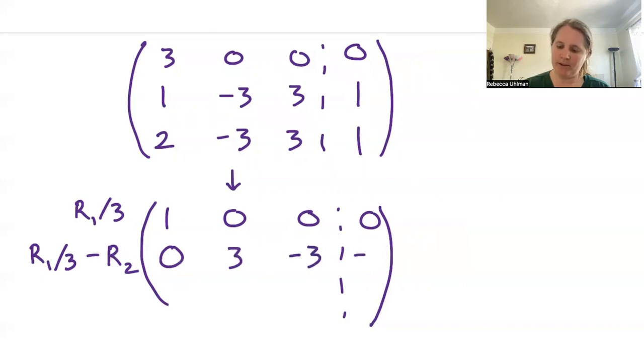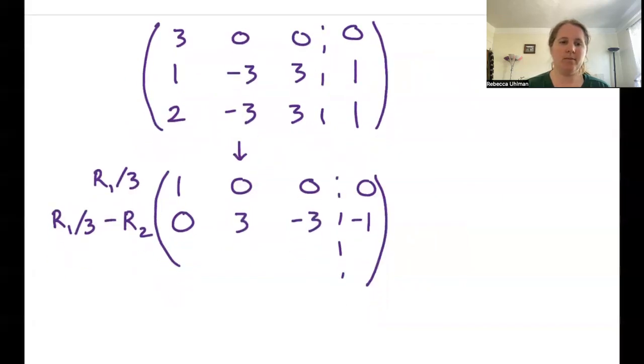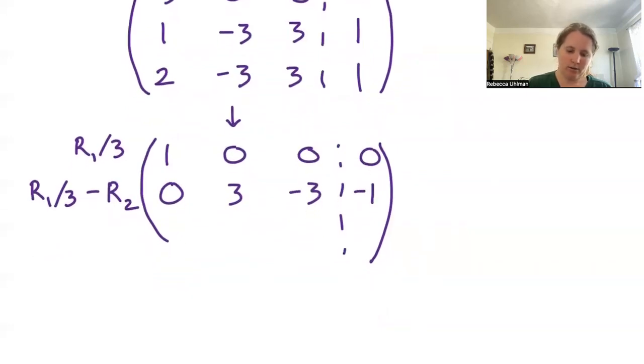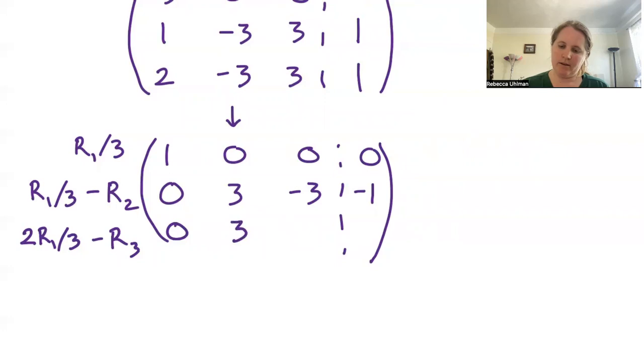And 0 minus 1 is -1. And then if we do 2 times row 1 divided by 3 minus row 3, again, we would have 2 minus 2 is 0. 0 minus -3 is 3. And 0 minus 3 is -3. And 0 minus 1 is -1.